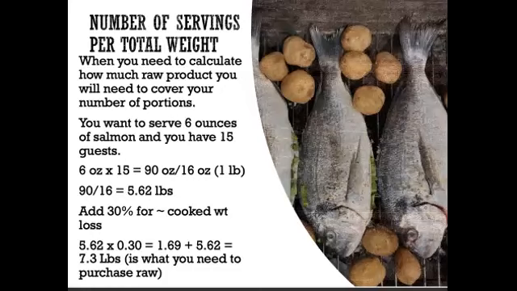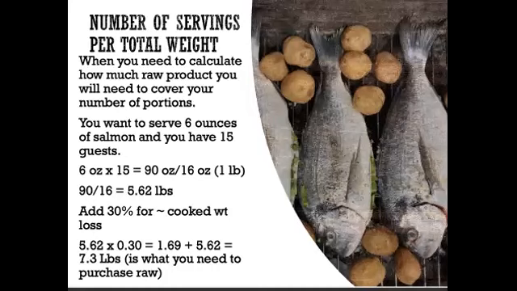But this is another thing, right? Always add about 30%, because you are going to lose some weight in the cooking process, right? So in order to play safe, you want to add about 30% of what you calculated, because after you bake it, or you saute or you sear it, that salmon is going to lose moisture, it's going to lose water, it's going to shrink to a cooked portion.